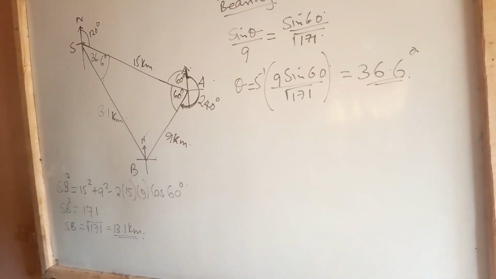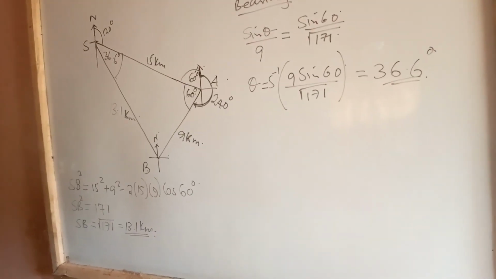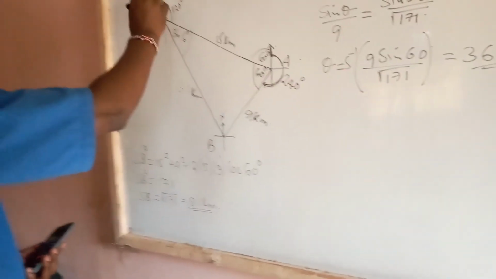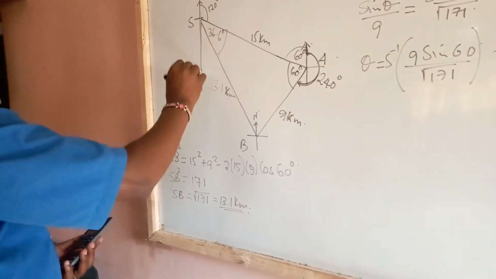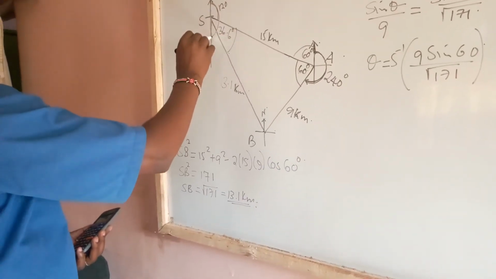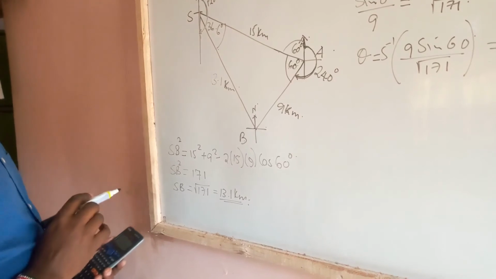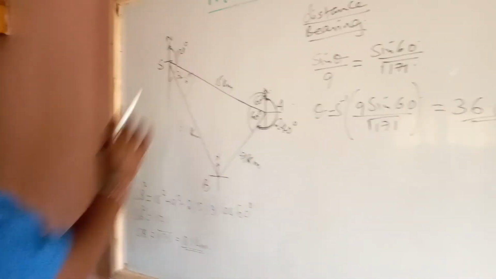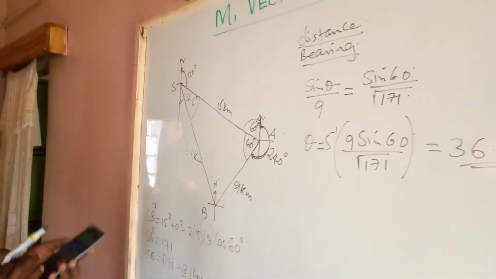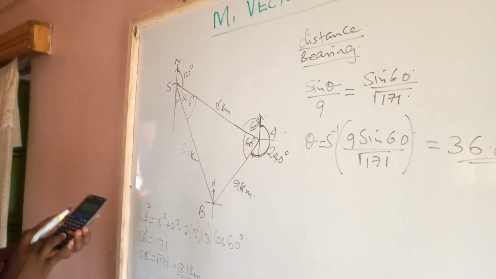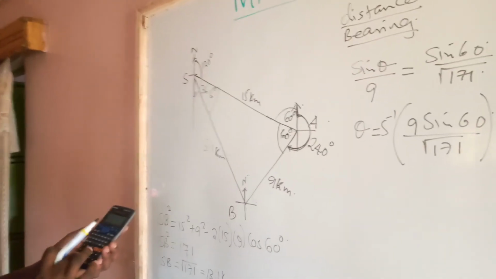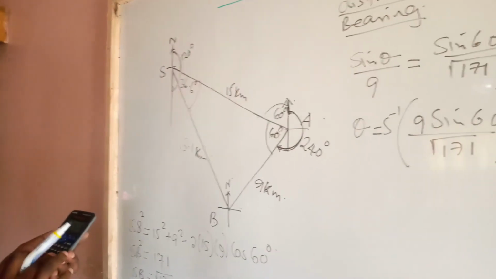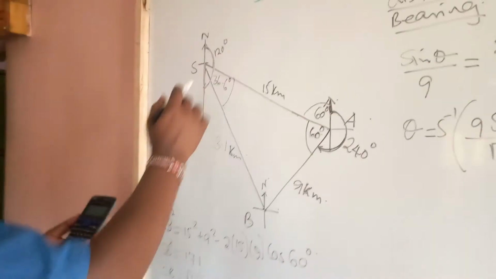At that point, it is important to note that if you extend that line that way, you will get 180 degrees completing that particular angle. Within it, we have 120 plus 36.6, which is 156.6.